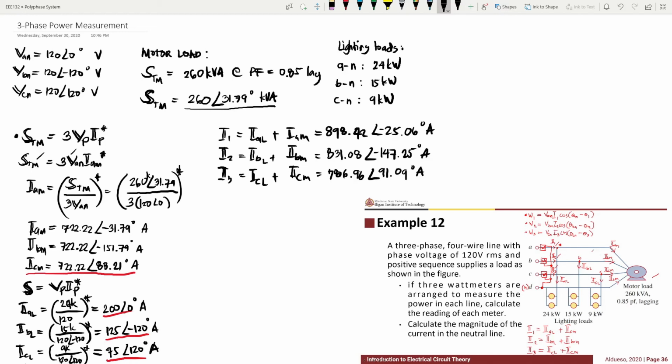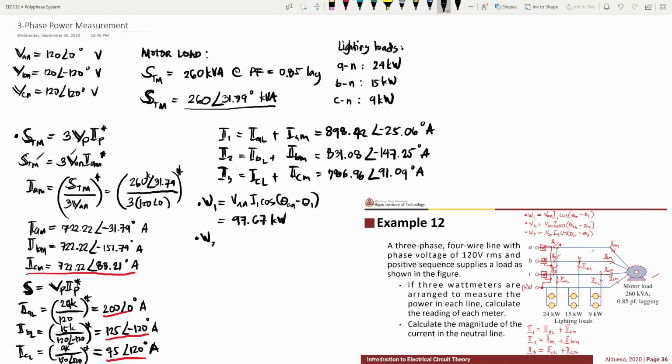So having these values, you can now get the wattmeter readings of meters 1, 2, and 3. Meter 1, the VAN, I1, cosine of theta of VAN minus theta of I1. So wattmeter 1 is equivalent to 97.37 kilowatts.